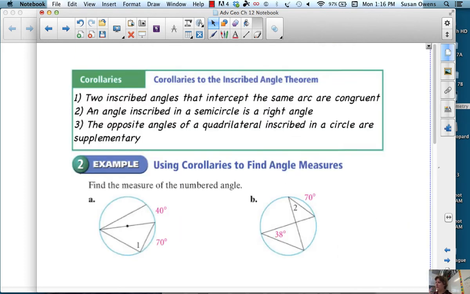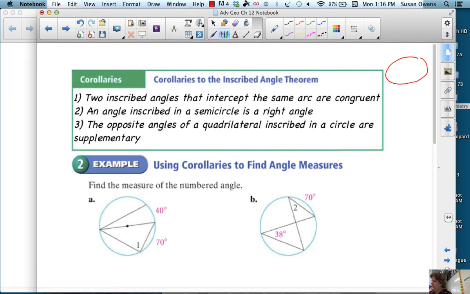Now this one has corollaries. There are 3 corollaries. The first one says that 2 inscribed angles that intercept the same arc are congruent. So if I draw a circle, and then I'm actually going to draw the intercepted arc first.